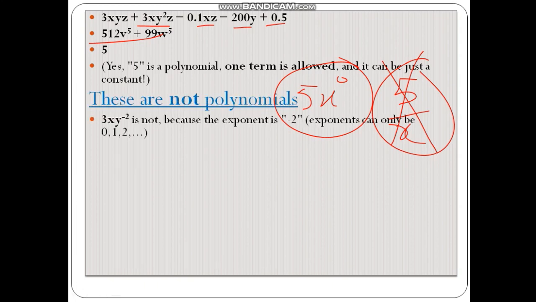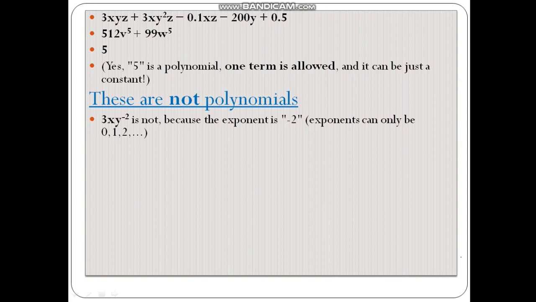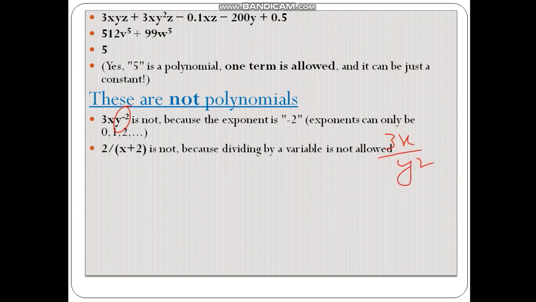These are not polynomials. You can see the first example, 3xy raised to the power minus 2. Here you can see that the power of y is minus 2. The exponent is negative, or if we write it, it will be 3x by y square. So this is not a polynomial.